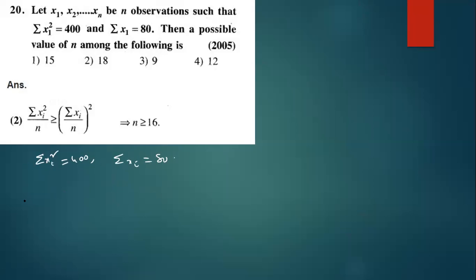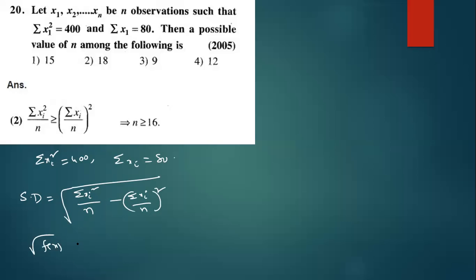Dear students, what is the standard deviation? Sigma xi square by n minus sigma xi by n whole square, under the root.